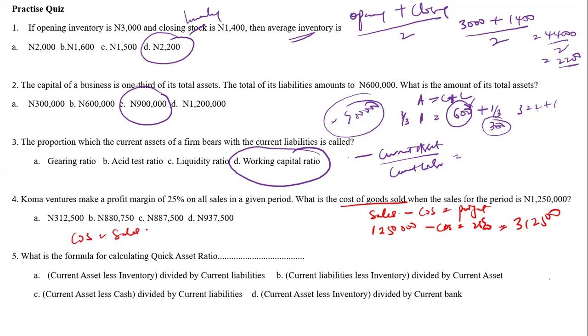We just say sales minus profit. So what would that be? That's 125,000 minus the profit. Let's do a simple mathematics of that. So the answer, if you have used the same calculator as done, is 937,500.